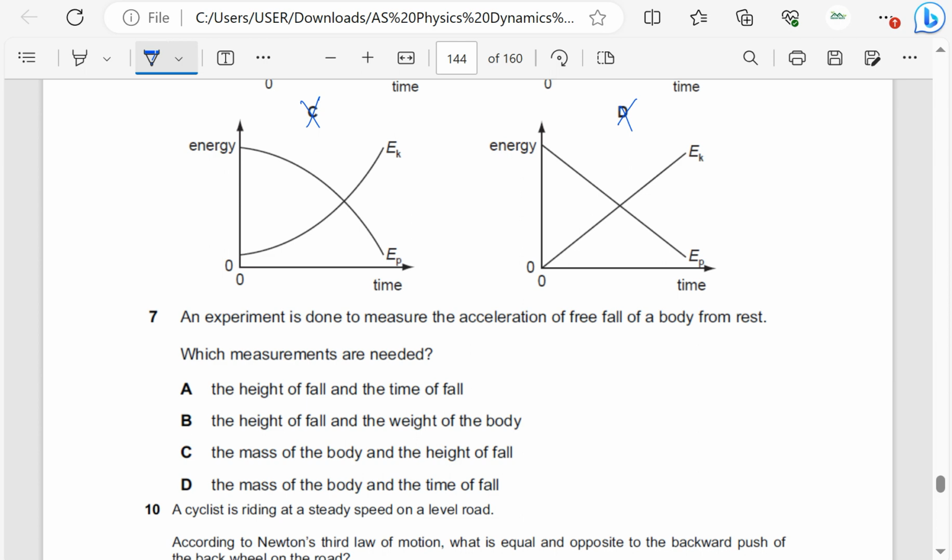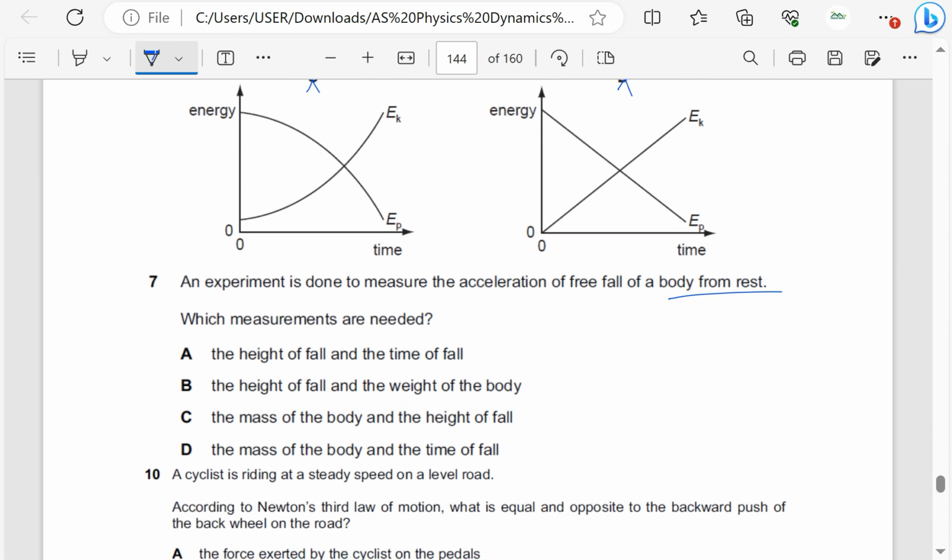An experiment is done to measure the acceleration of free fall of a body from rest. Which measurements are needed? Of course, s equals ut plus a half at squared. If it is falling from rest, the initial velocity is 0, so s, which is h, equals a half g t squared.